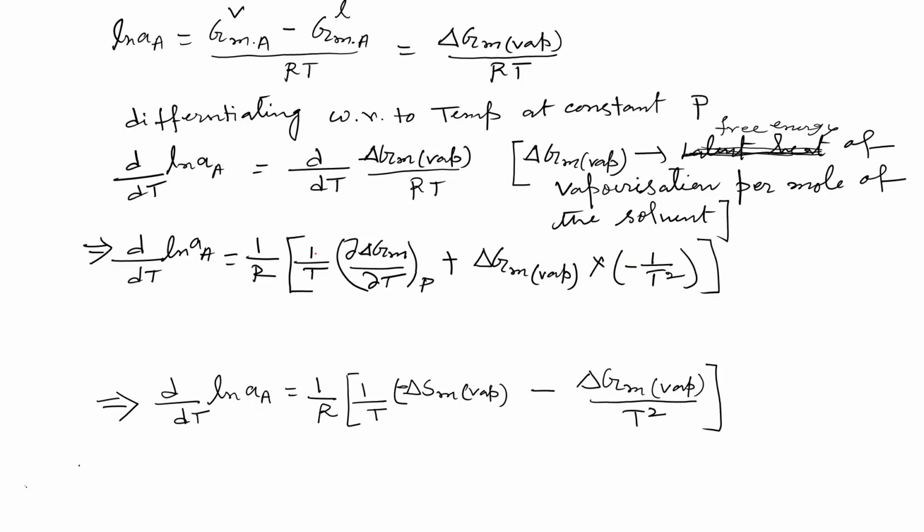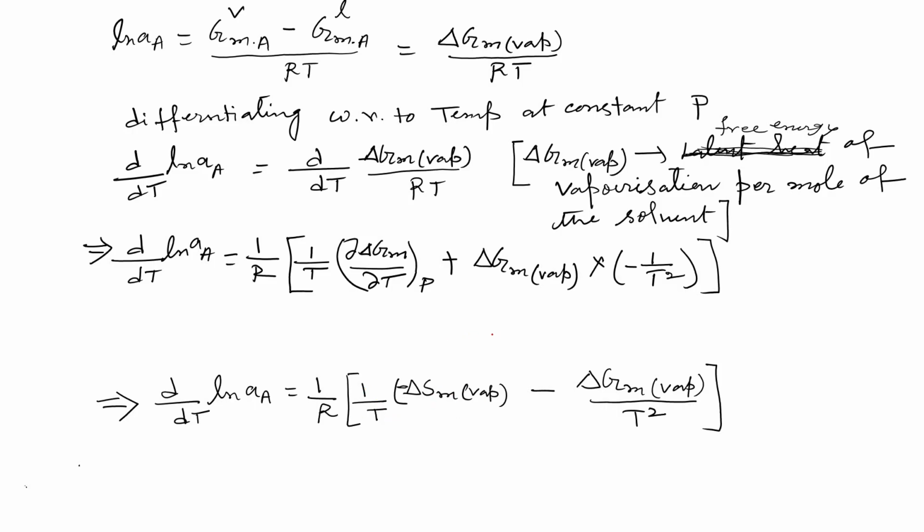Differentiation of 1 by T means d/dT of T to the power minus 1, which gives minus T to the power minus 2, so minus 1 by T square. So d/dT of ln activity of A equals 1 by R times 1 by T.